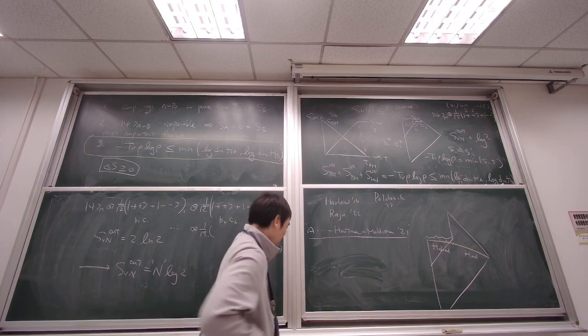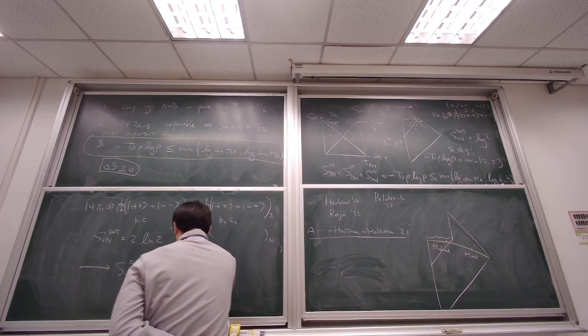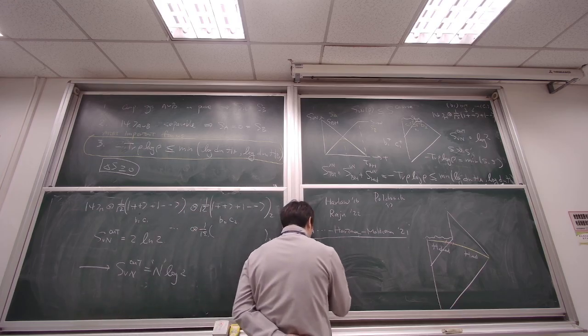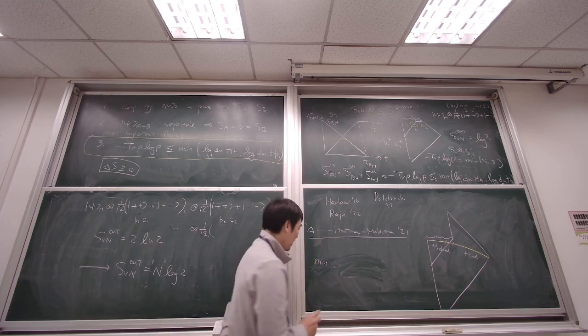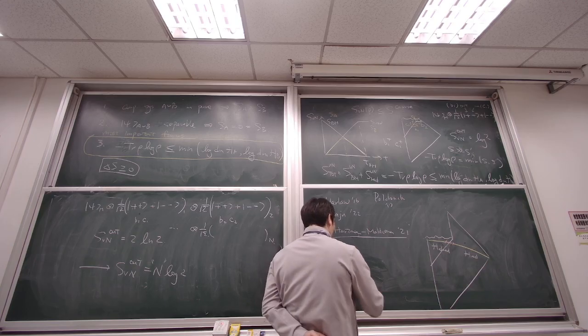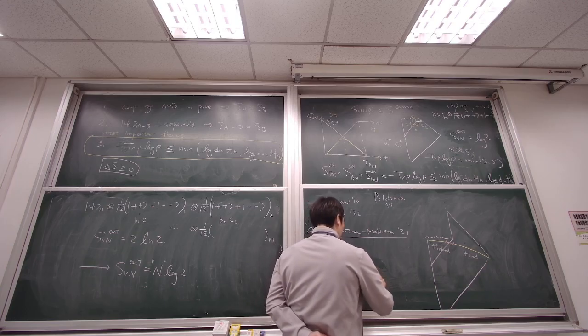Now, I think just write down the minimum and then x of a over 4 plus s.